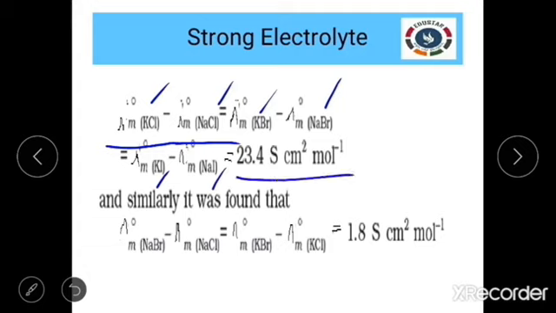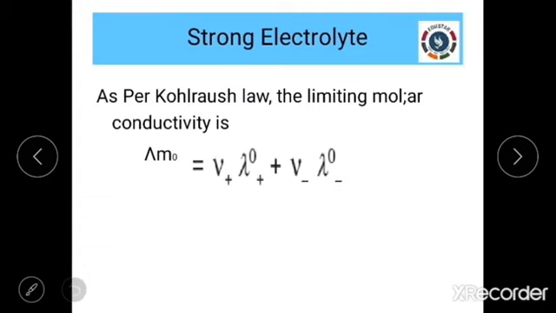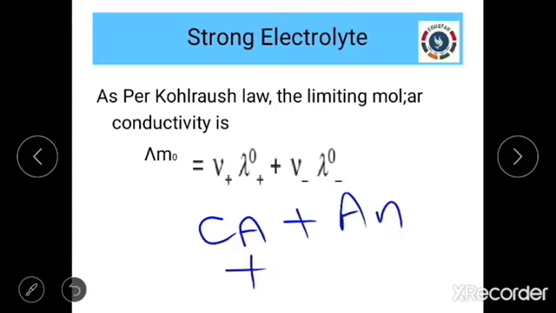So this was observed by Kohlrausch. Kohlrausch says that the limiting molar conductivity is equal to the molar conductivity of cations plus molar conductivity of anions. So cations are positive charges and anions are negative charges, right?